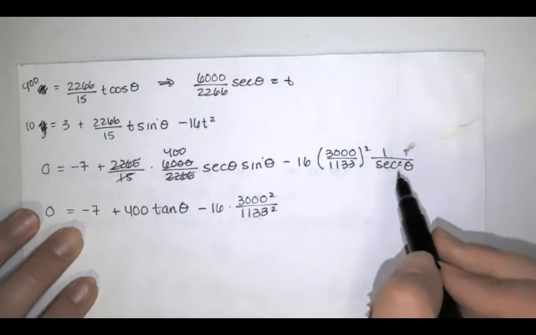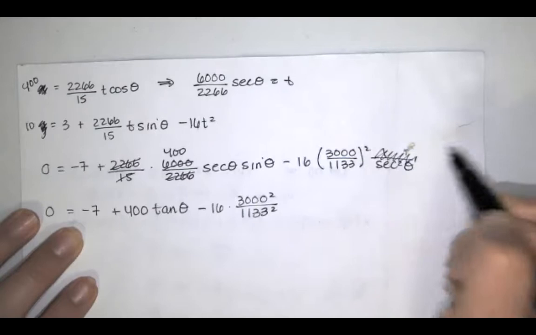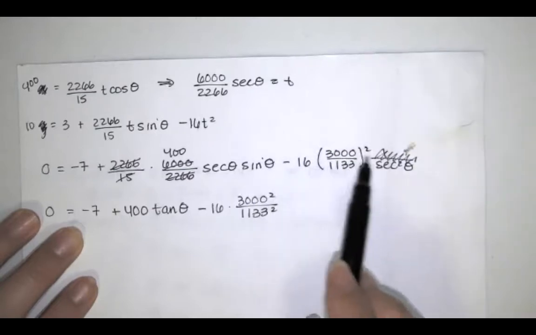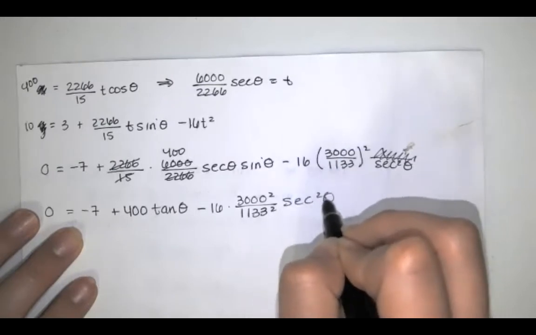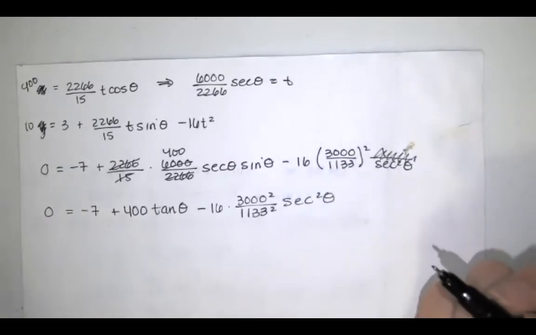Now wait a minute, I don't know why it should be a 1 over secant squared. It should just be a secant squared, because this is supposed to be a t squared, so that's just a secant squared. Okay, so we've got that.